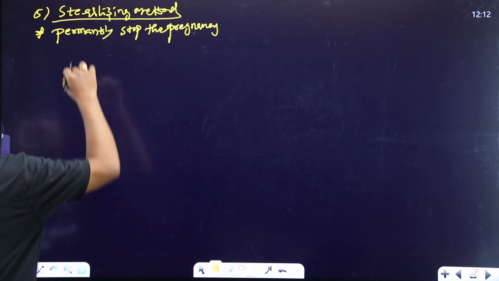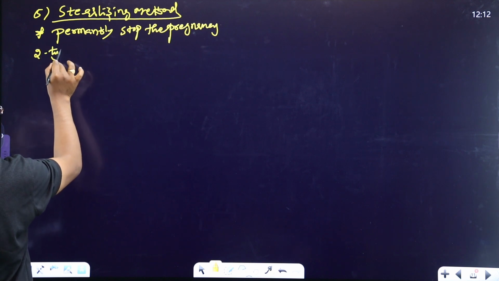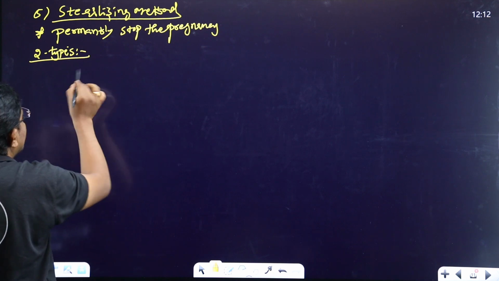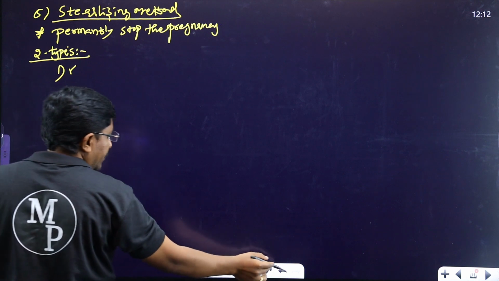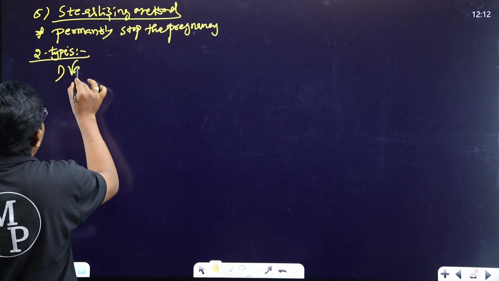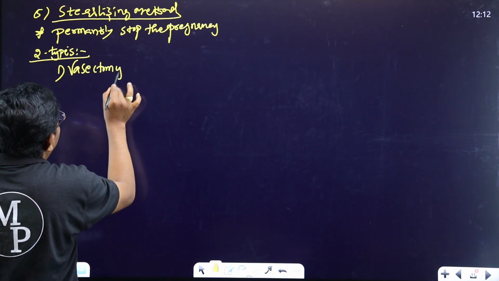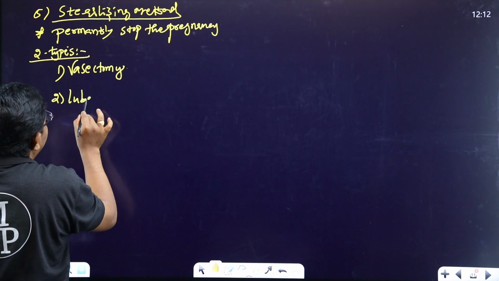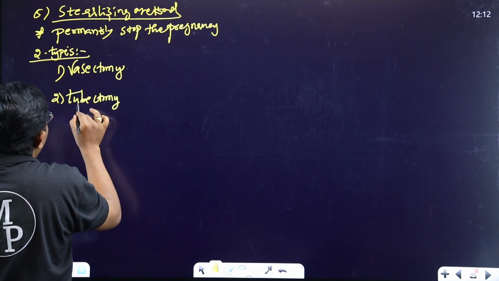In these sterilizing methods, two types are there. One is the vasectomy, and the second one is the tubectomy.